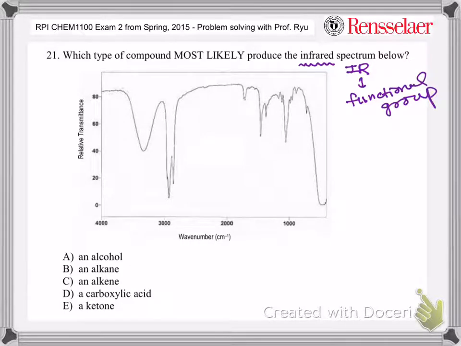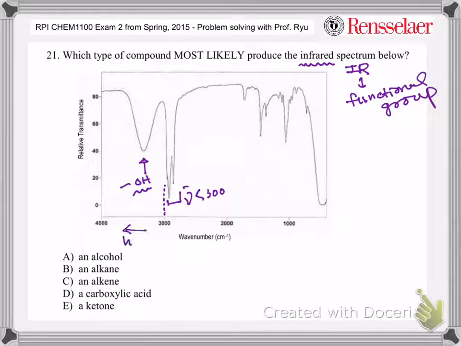Okay, if you look at it here, there is a very broad peak around the 3,300 wave number, 1/centimeter, and that's typically what we call the OH group. This one represents the OH group, and then if you draw the 3,000 line, this is a wave number higher than 3,000, and this is lower than 3,000 wave number.